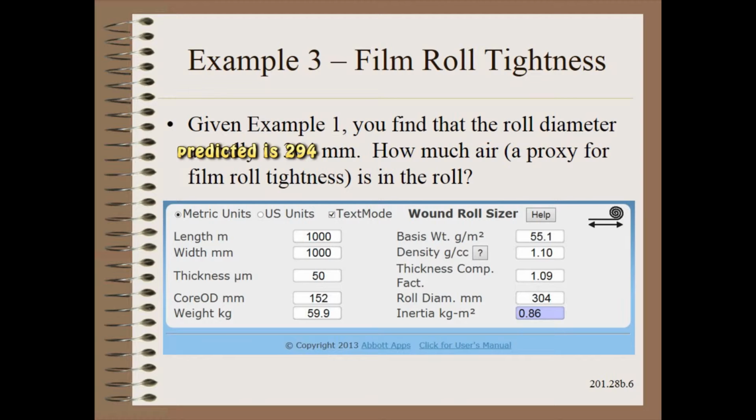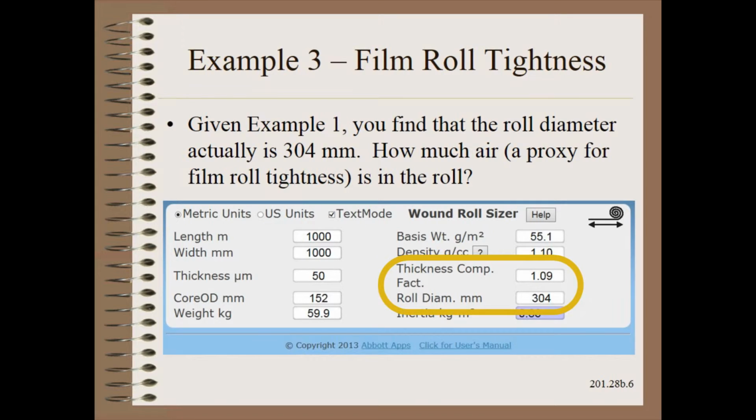Here, however, we note a discrepancy between the previously predicted 294 millimeter diameter roll and a carefully measured 304 millimeter actual diameter. Note that the modern winders can do this diameter measurement automatically with great accuracy, using a variety of methods discussed in the winding controls module of Web 101.